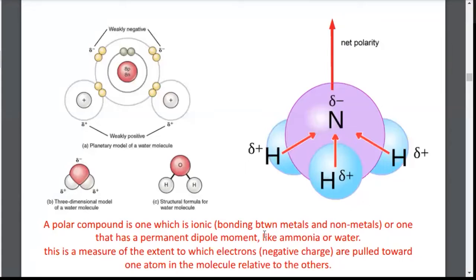This idea of polarity, or a dipole moment, or how ionic the substance is, is a measure of the extent to which the electrons are pulled towards one atom in the molecule relative to the other atoms around it.